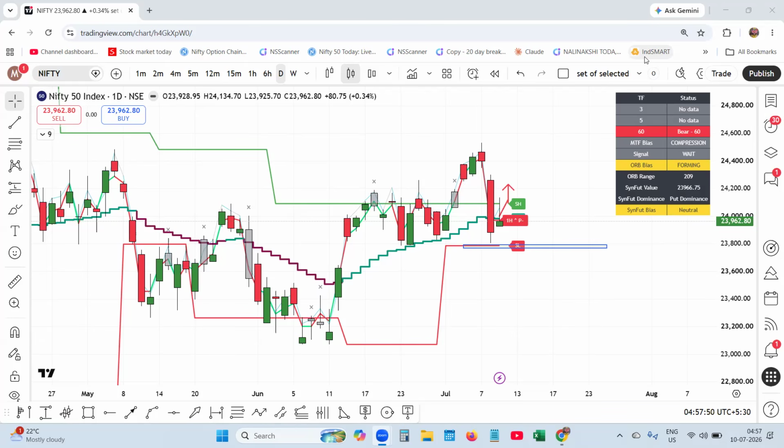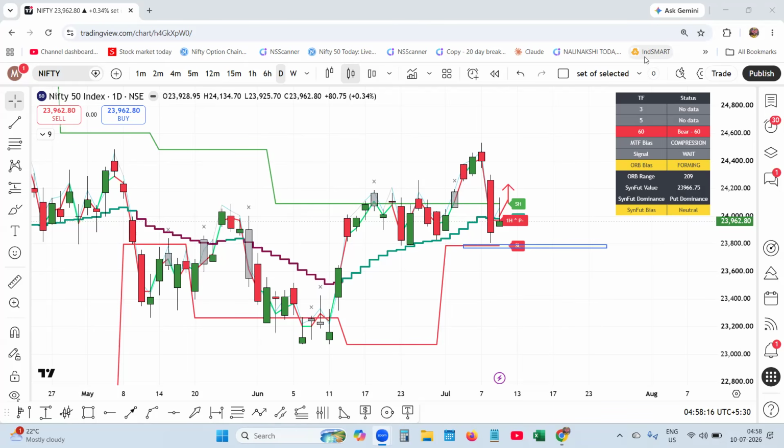This is often a clue that sellers are getting trapped. Once short covering begins, spot rises rapidly. Call premiums explode, put premiums collapse. This is why many powerful rallies start when most traders are still bearish. Synthetic future often gives the clue before price.